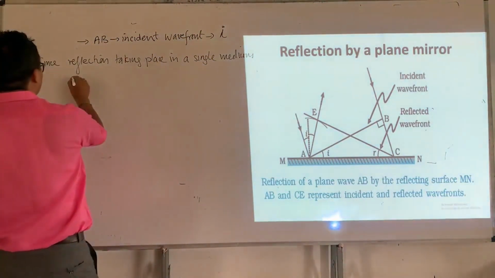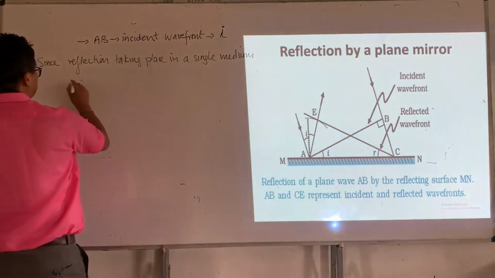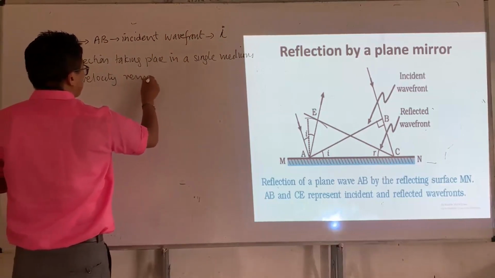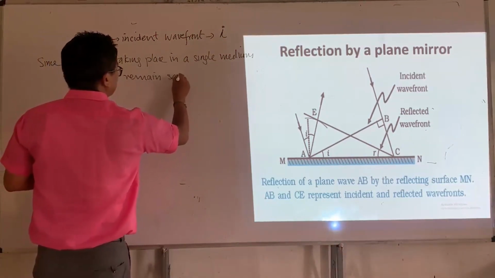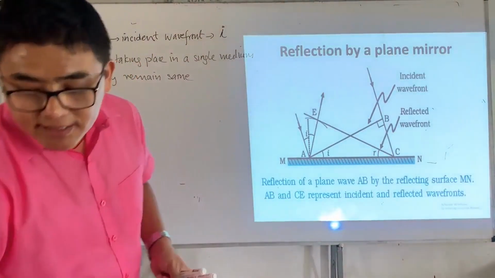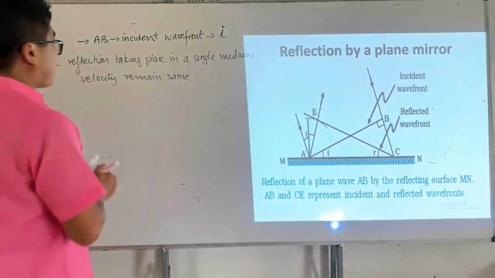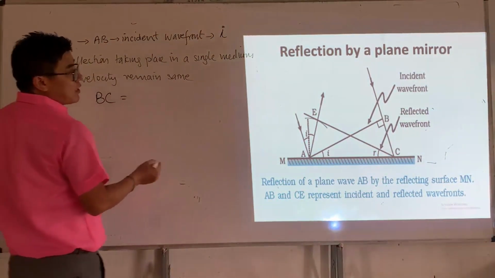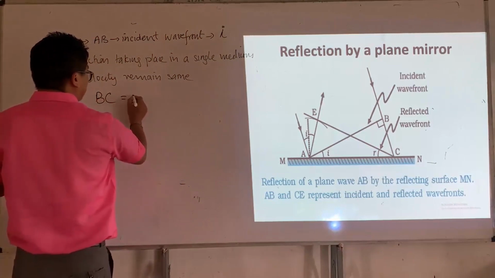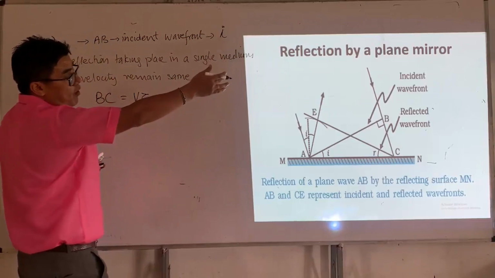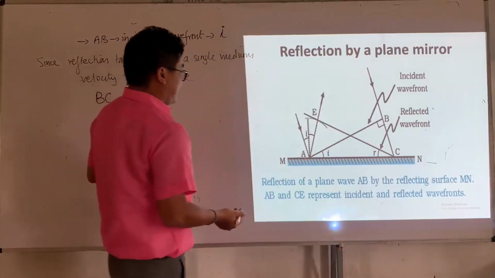So BC is equal to, let's say, v tau, where tau is the time taken from B to C.